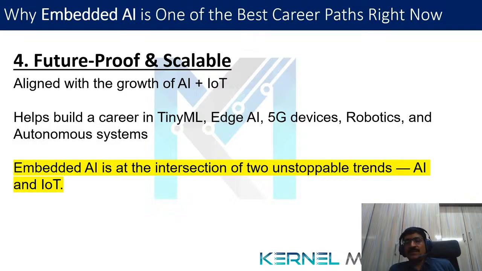Maybe not 20 years, even after 5 or 10 years, there is no guarantee if you are working on this type of AI technology, because tomorrow most of the things will be done by AI tools only. So the power requirement is definitely less. This is the biggest issue in the industry. The solution: within AI, one more domain, embedded AI, is the best opportunity.